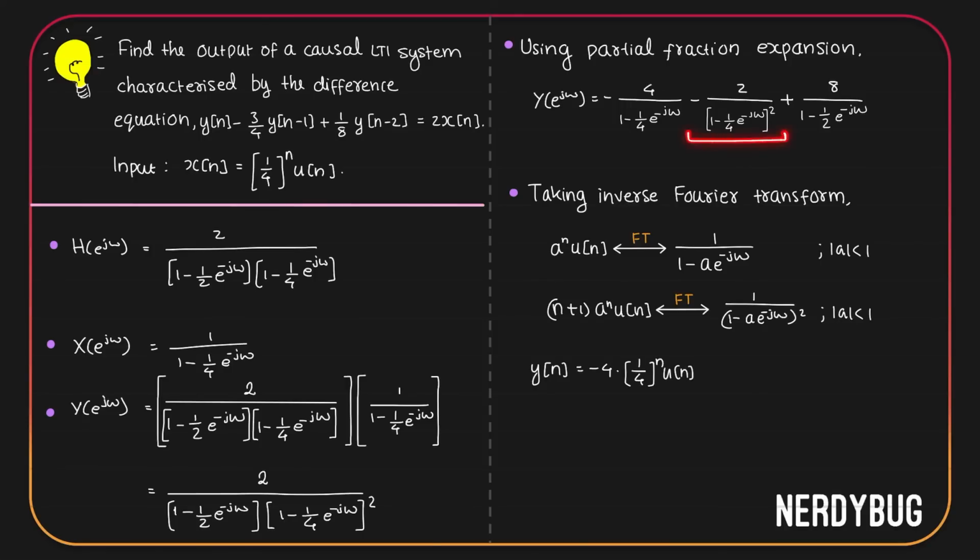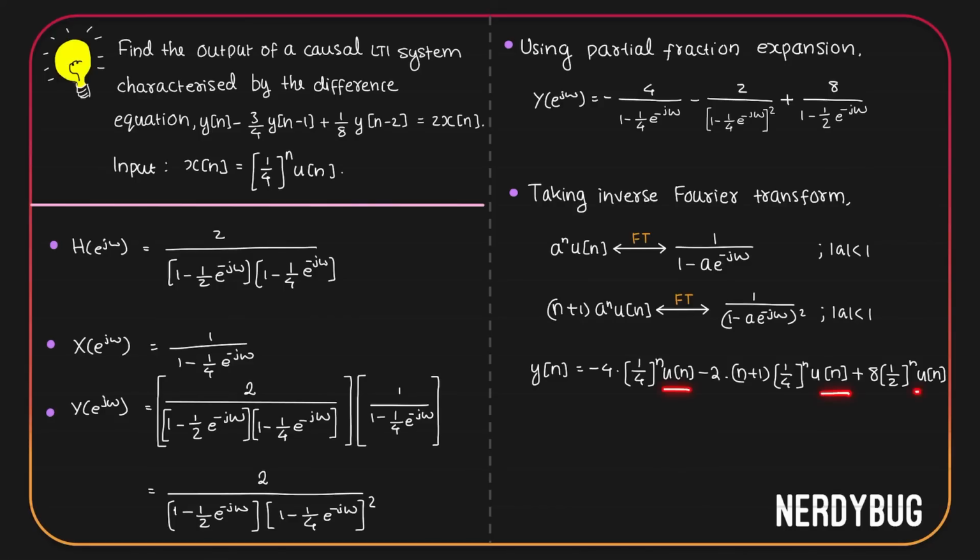Inverse Fourier transform of this term will be minus 2 (n plus 1) multiplied by (1 by 4) to the power n u of n plus inverse Fourier transform of the last term will be 8 (1 by 2) to the power n u of n.